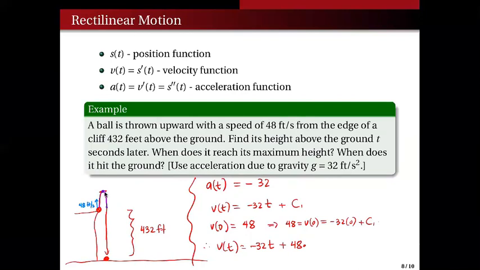But what does this mean? At that particular instant, the ball is not moving. Of course, your ball will go up, go up, go up, and then at this particular instant, it should stop and then start to go down. But if it stopped, what does it mean for its velocity?